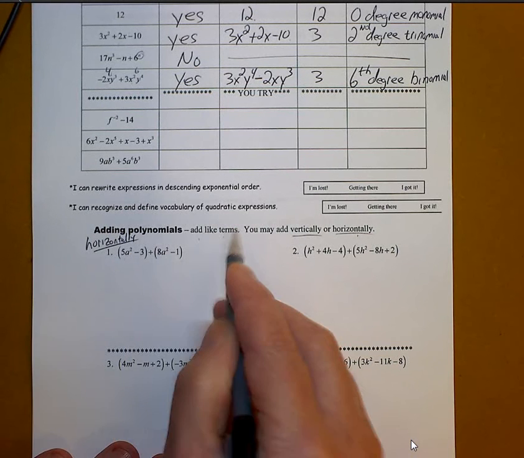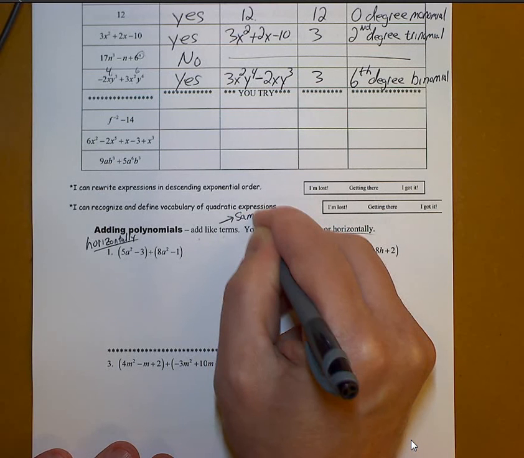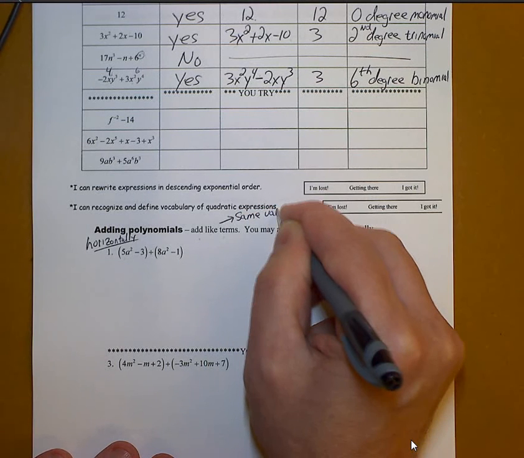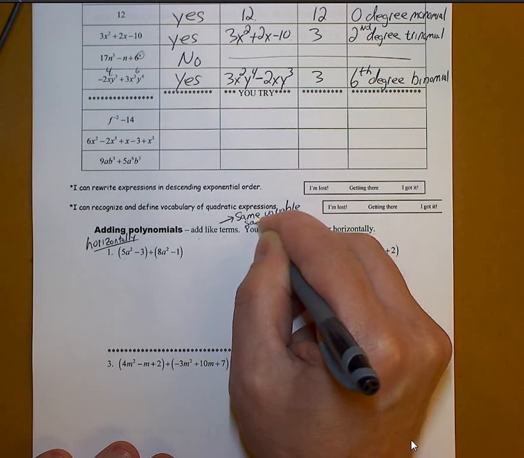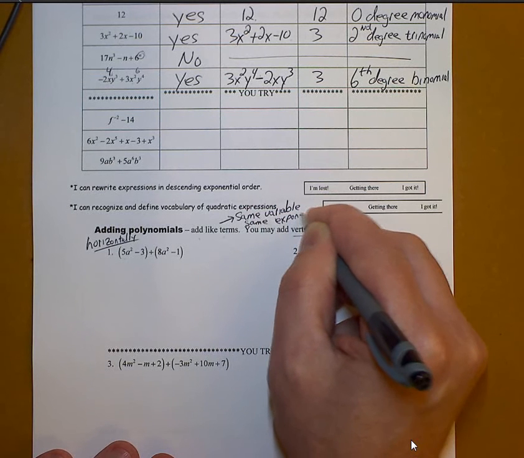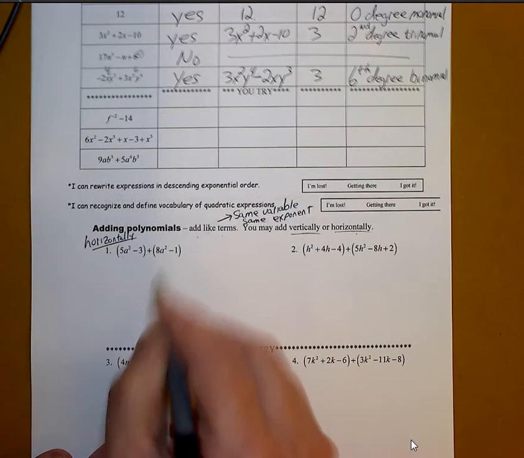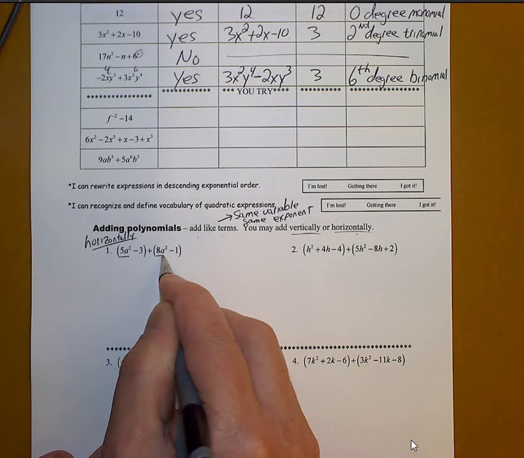Maybe we should write that. Same variable, same exponent. Okay, so I got 5a squared and 8a squared.